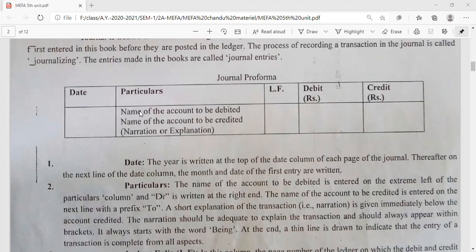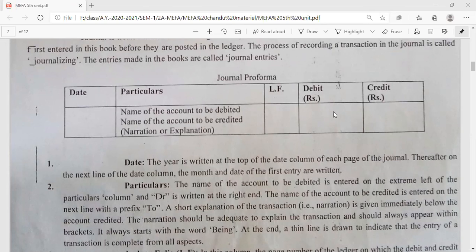For the name of the account to be debited, you have to pay the money, that means you have to debit some cash from some account. For example, if your Andhra Bank account is your capital account, you have to debit from that capital account, that means the Andhra Bank account.